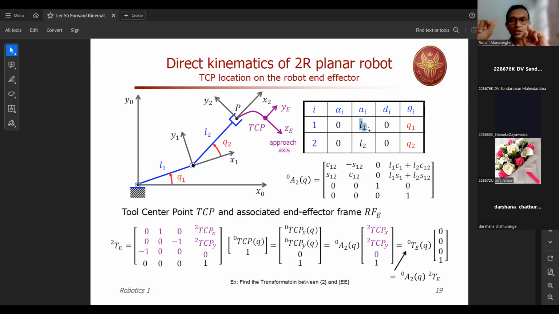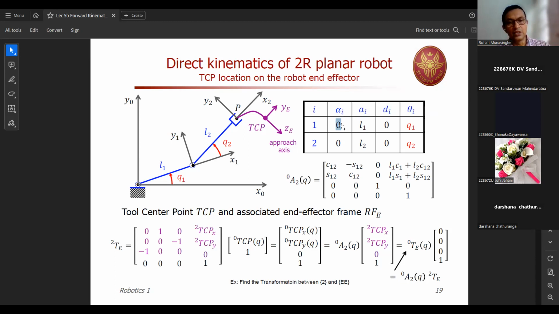Here, both these axes are out of the board, parallel to each other. So therefore, there's no relative difference in angle in their orientation. So alpha is 0.